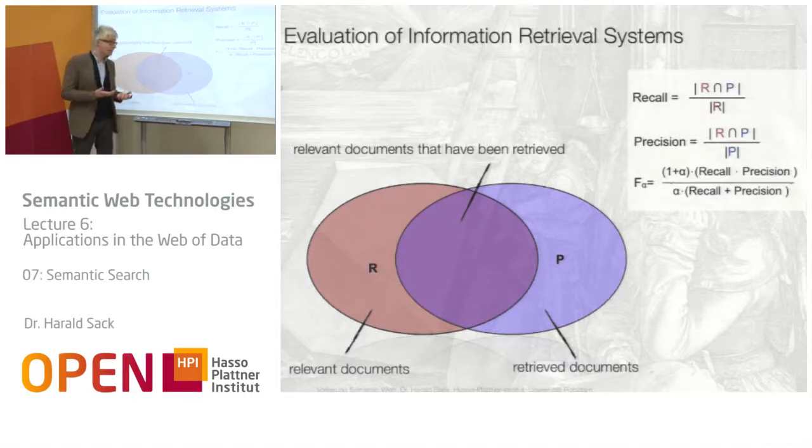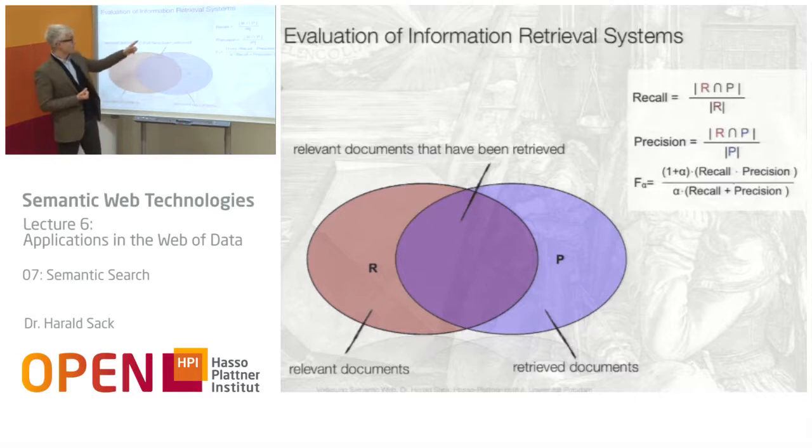So in the ideal case, these two sets would be the same. But usually you will miss something that you do not find, or you will find something that does not belong to the really relevant documents. And therefore, of course, you can measure the amount of relevant documents that really have been retrieved or really have been found.